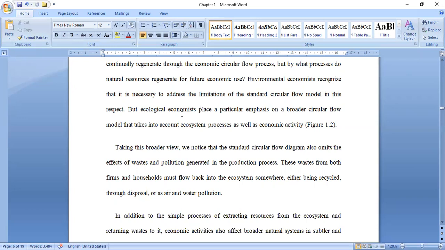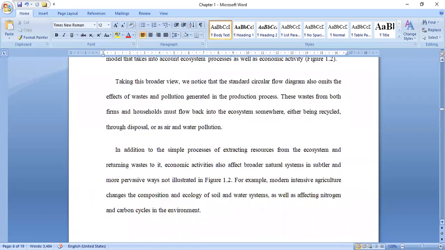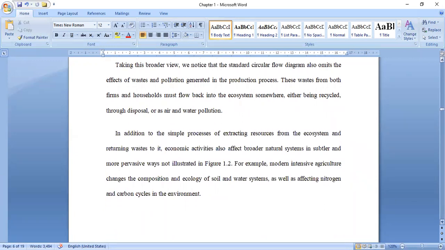And as a result, they say that it ignores a number of issues, right? For example, it ignores issues to do with pollution, which can either be air pollution or water pollution, right? It ignores the element of pollution.